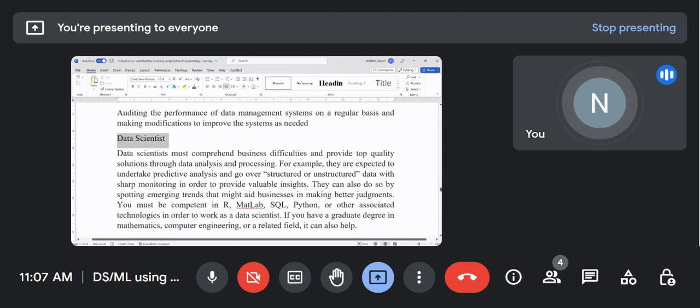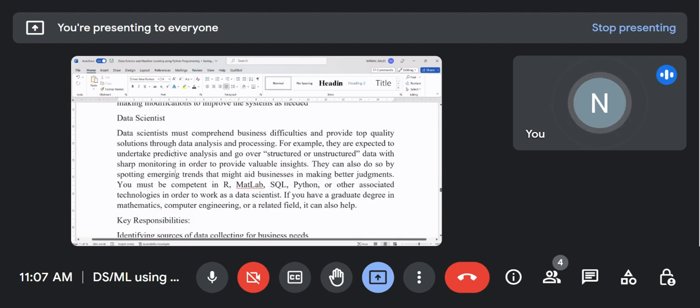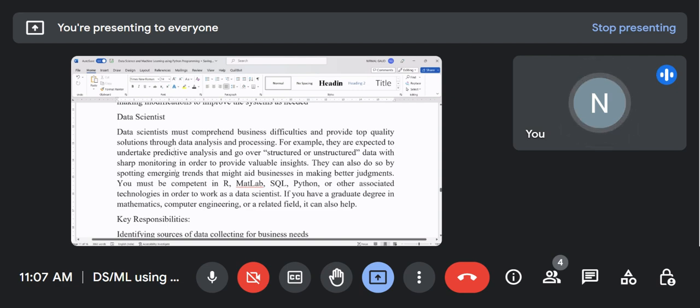Then comes the data scientist. A data scientist is a person who is going to perform everything. That means collect and gather the data, acquisition of the data from various sources, then perform the pre-processing of the data, that is data cleaning, then perform the exploration of the data to find the patterns, then perform the visualization of the data.